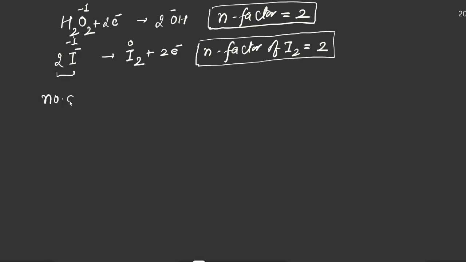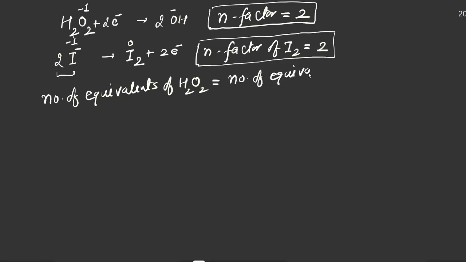So number of equivalents of H2O2, that is H2O भी बन सकता है. मैं बोल रहा हूँ कि oxygen changes from -1 to -2, simple.